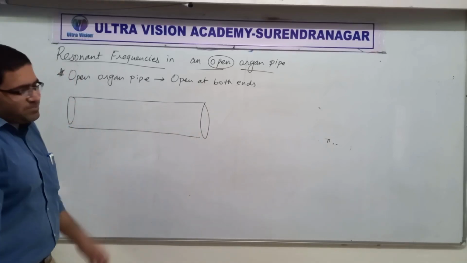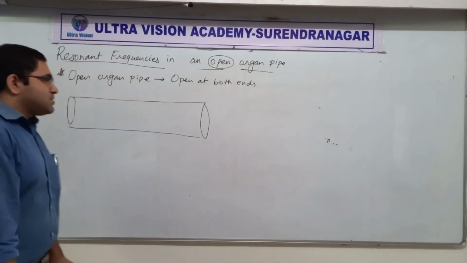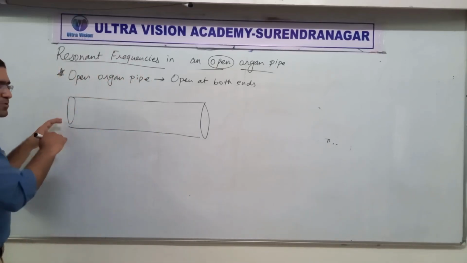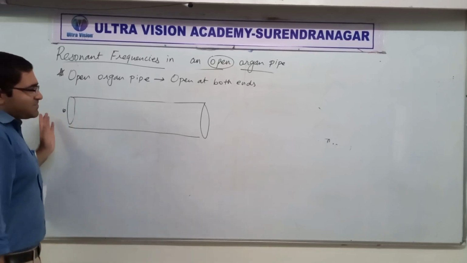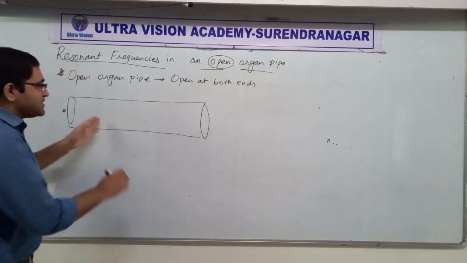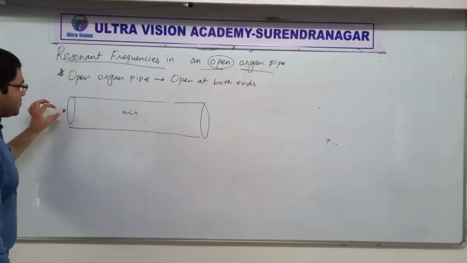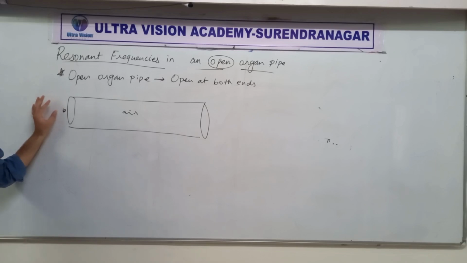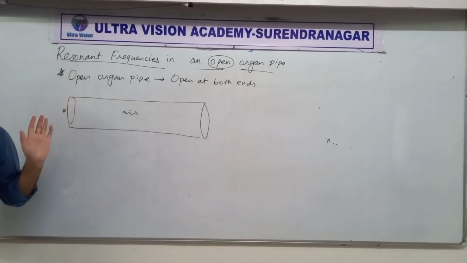So typically this is what it looks like. Now what will happen? Listen. When someone will blow air or someone will produce some kind of sound at this end, one end, then sound waves will be set up in the air inside it. If you make some sound over here at this end, or even if you blow air, then sound waves are generated everywhere inside this pipe.